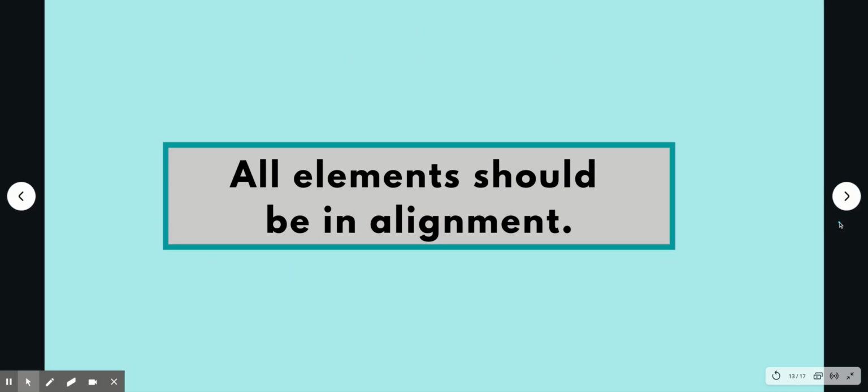So let's talk about alignment. All elements in a theory of change should be in alignment. So remember that the arrows in the theory of change diagram depict the logical flow or an if-then relationship between each element.